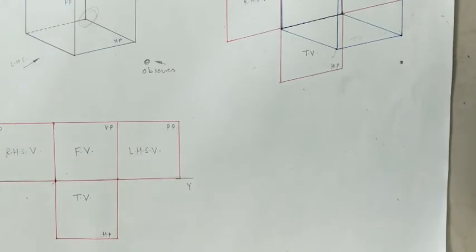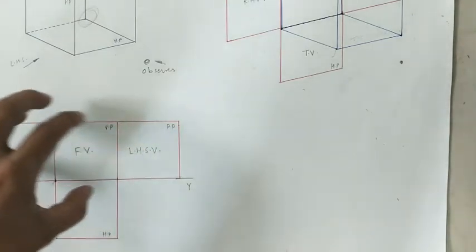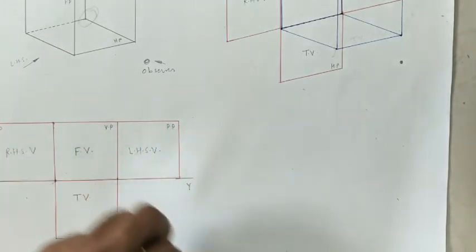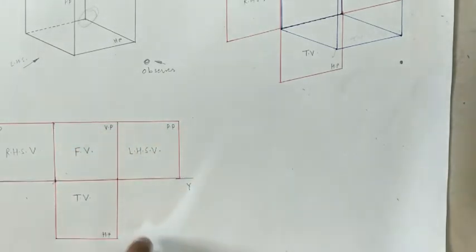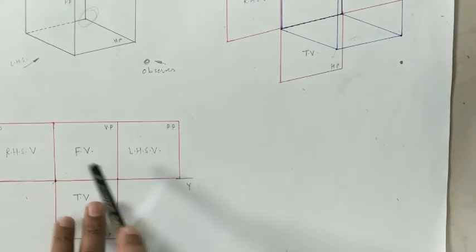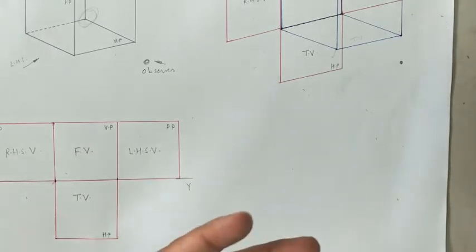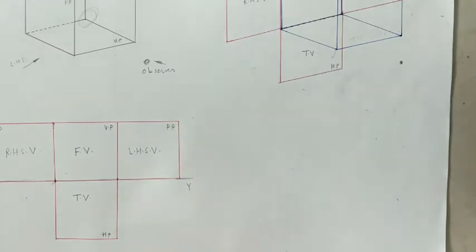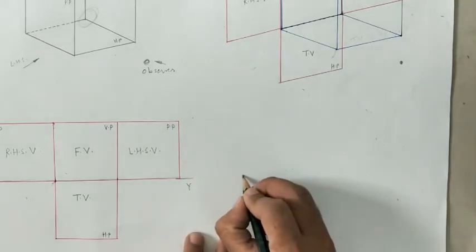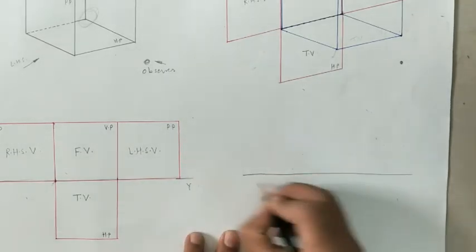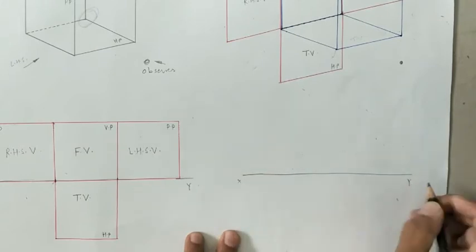One last thing I want to tell you is that here you see all these planes have boundaries, like this plane has 4 boundaries, and this plane also has 4 boundaries. But when it comes to drawing onto a paper, we directly consider the space above the XY line. Here, this is the XY line which you see.